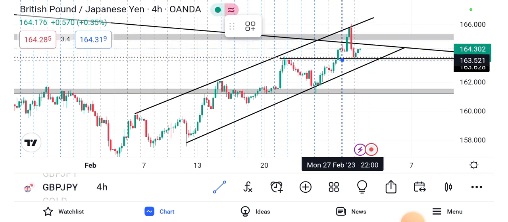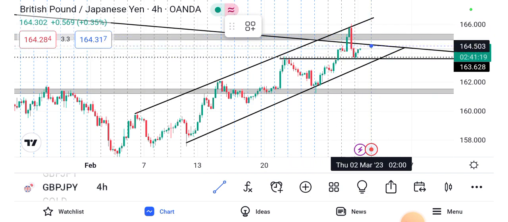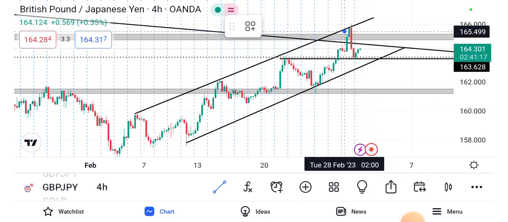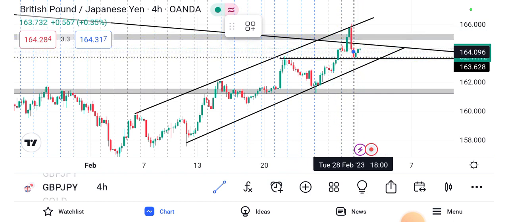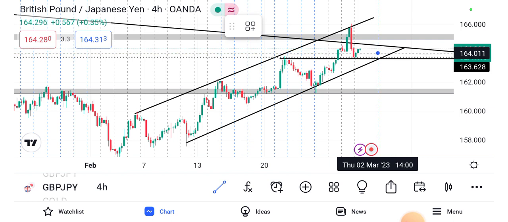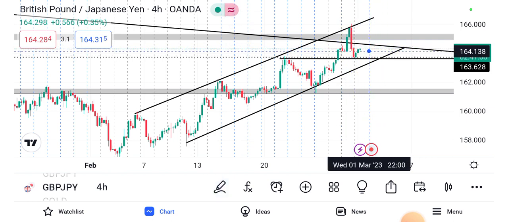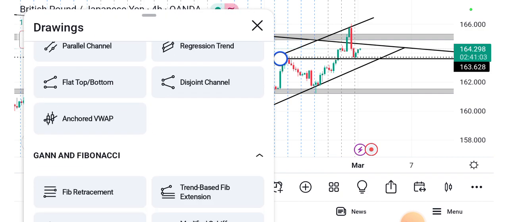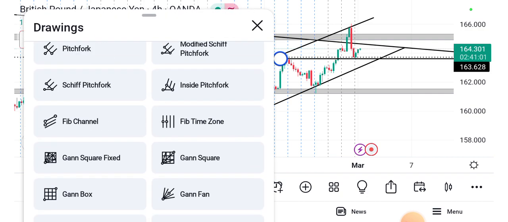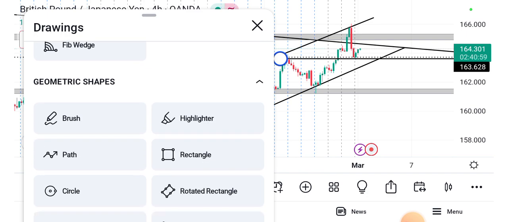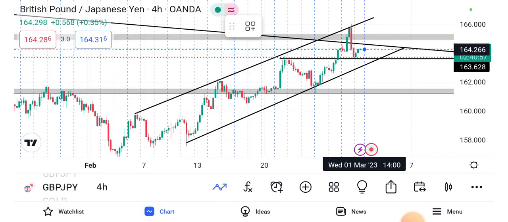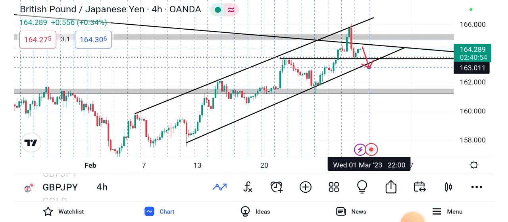So now this right here looks like a head and shoulders. For us to know exactly what it is, we have to go to a smaller time frame so that we can actually see what is happening. But my advice to you guys is that before you enter the trade, since on a bigger time frame we're looking for sells, you're going to have to wait for the price to break this level, right?